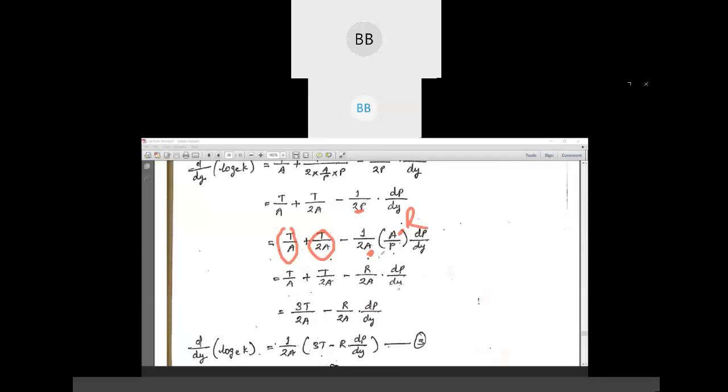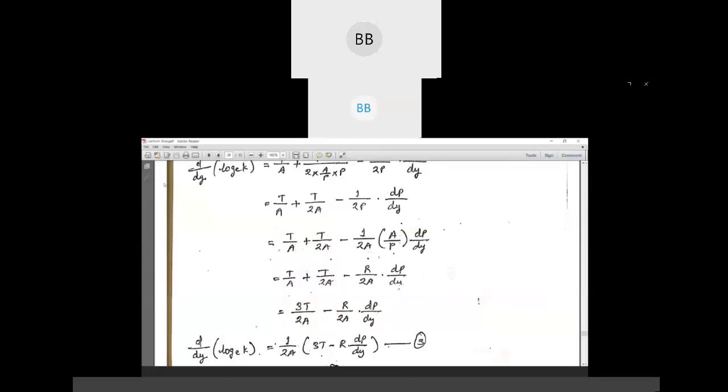So it will be r by twice a. Definitely, if we add these two, we will get 3t by twice a, minus r by twice a dp by dy.